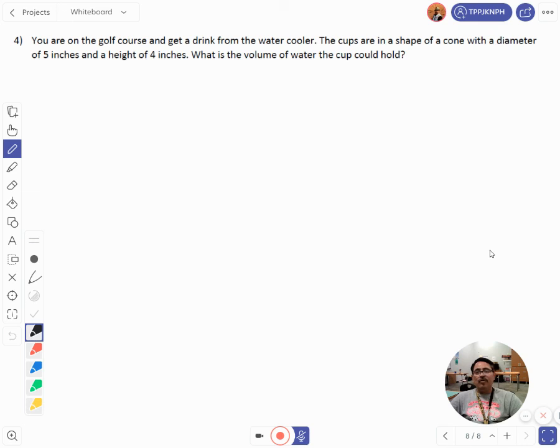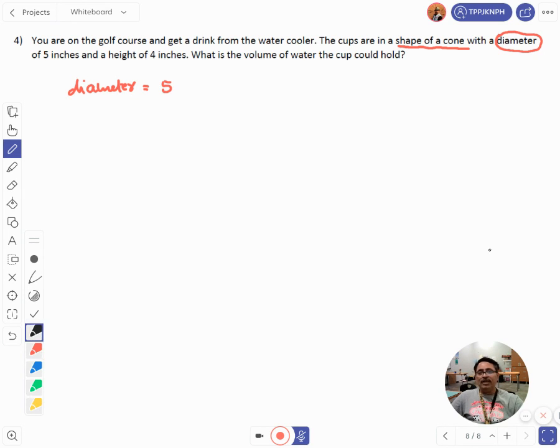You're on the golf course and get a drink from the water cooler. The cups are in the shape of a cone with diameter. Again and again diameter is given. As I mentioned before, if diameter is given, first and foremost thing is find the radius.